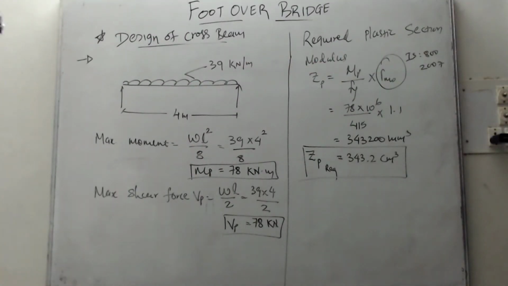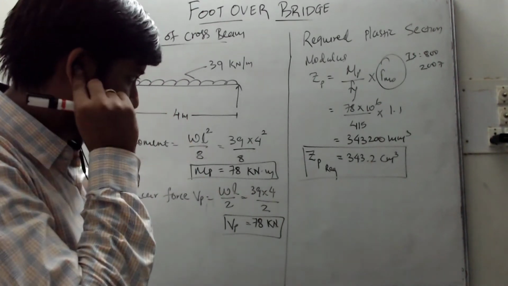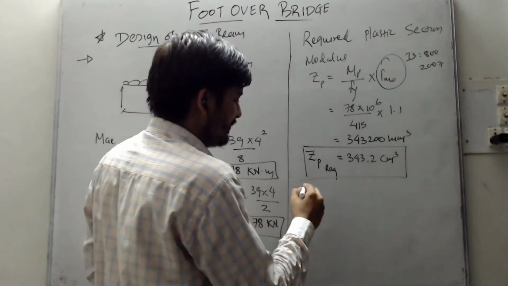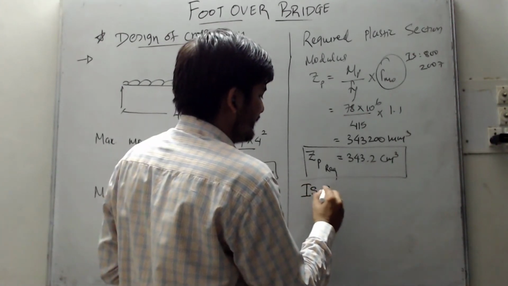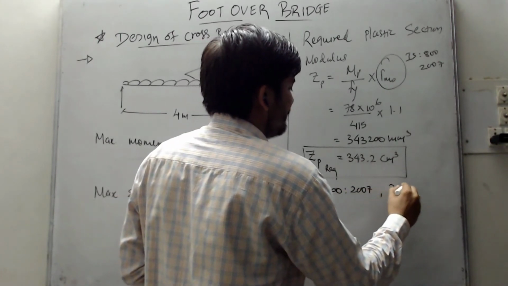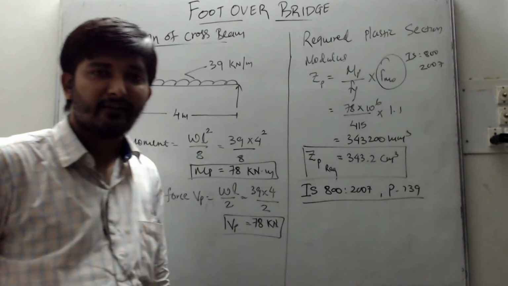Alright, so we need to see the steel table with the ZP required value. Either you can see the steel table or you can see IS 800 2007, page number 139. You can find the steel table over there also.